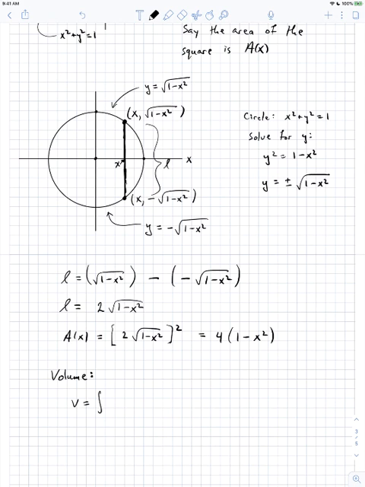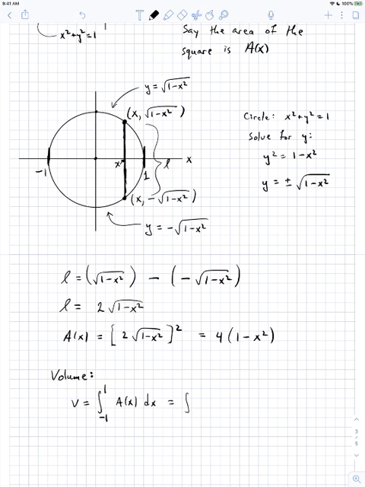Well, what's the smallest x value? The smallest x value is over here, which is minus 1. The largest x value is over here, which is plus 1. So this entire region is between x equals minus 1 and x equals plus 1. So we're going to integrate from minus 1 to 1 A(x) dx.